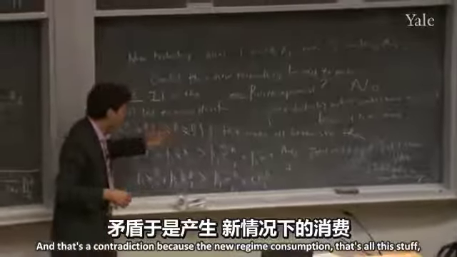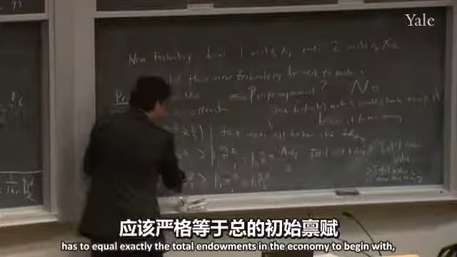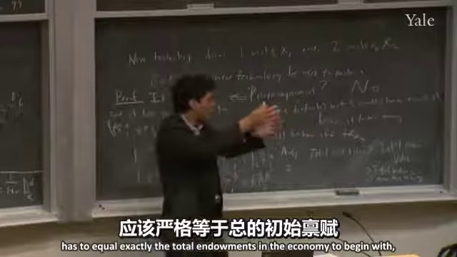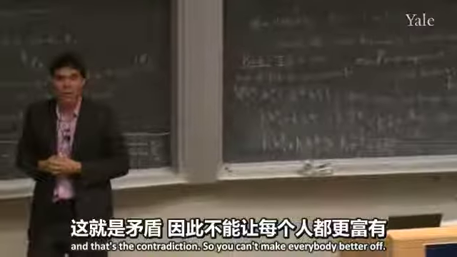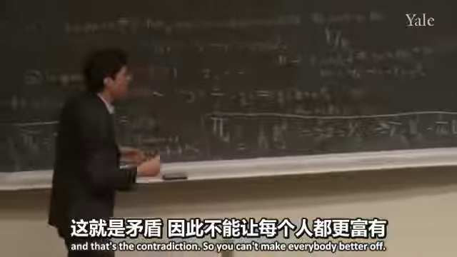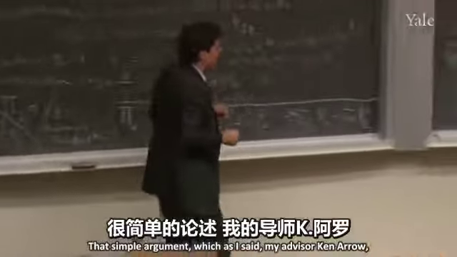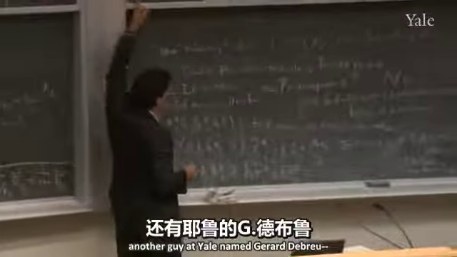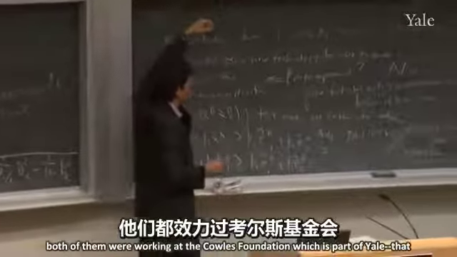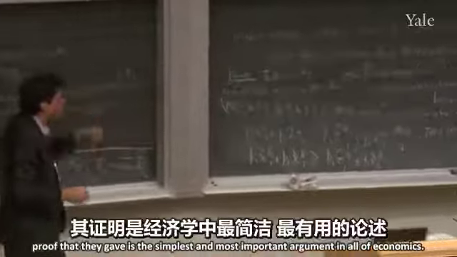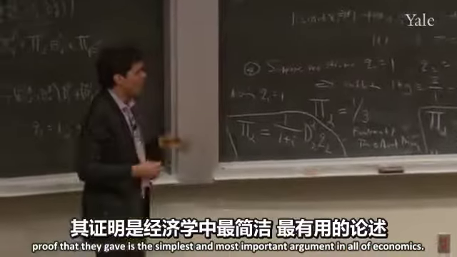And that's a contradiction, because the new regime consumption has to equal exactly the total endowments in the economy to begin with. That's the contradiction. Okay? So you can't make everybody better off. That simple argument, which, as I said, my advisor, Ken Arrow, and another guy at Yale named Gerard Debreu, both of them were working at the Cowles Foundation, which was part of Yale. That proof that they gave is the simplest and most important argument in all of economics.